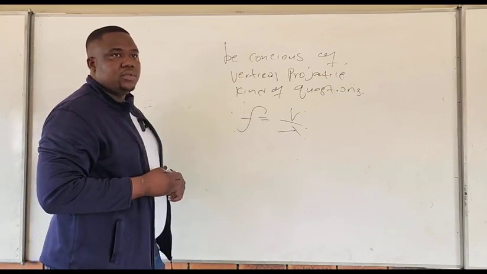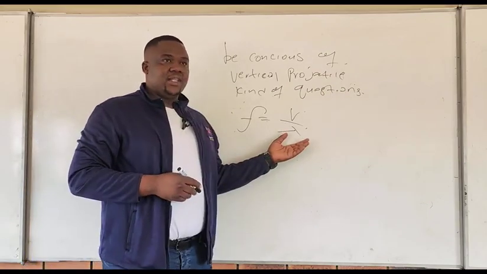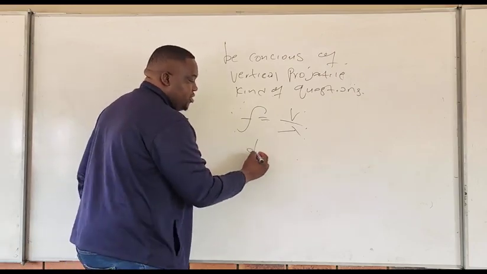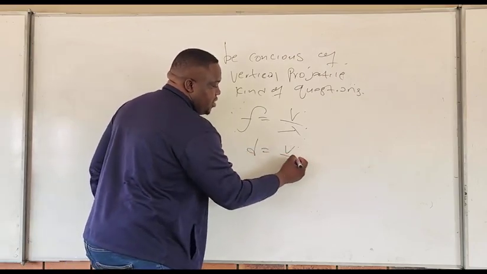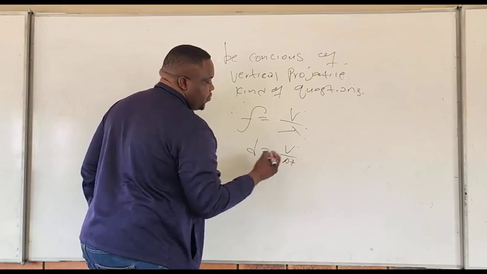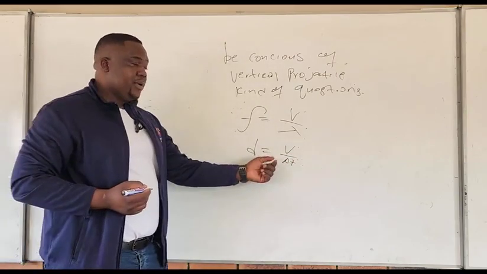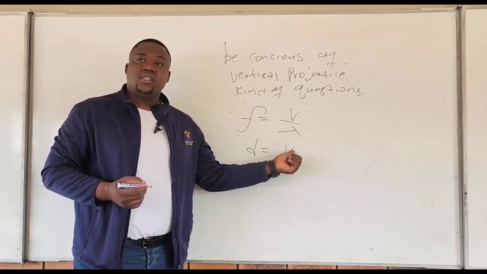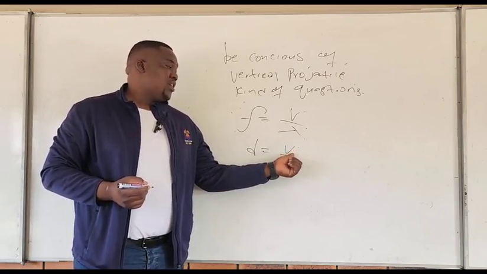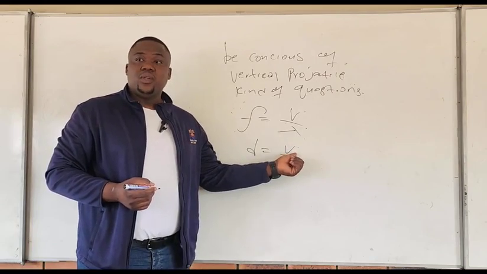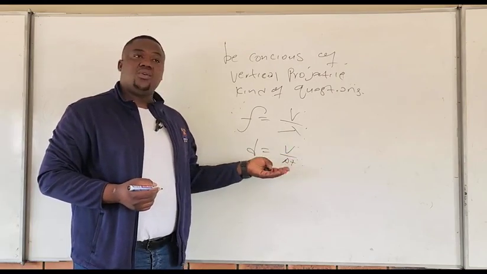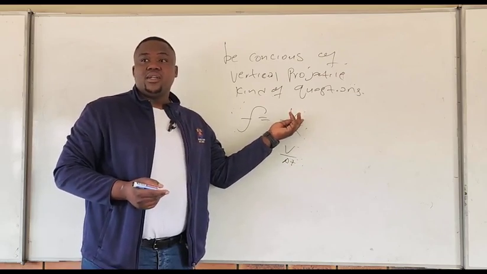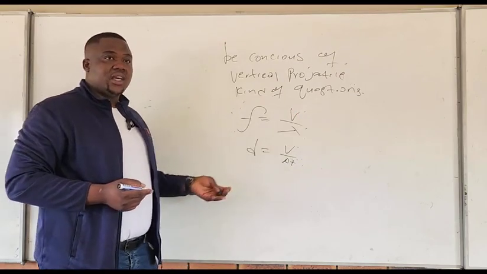Or maybe you are trying to use this formula, v is equal to d over change in time. These are some of the formulas for calculating velocity. It can become the velocity of the source, or this one is the velocity of sound. You understand what is happening?